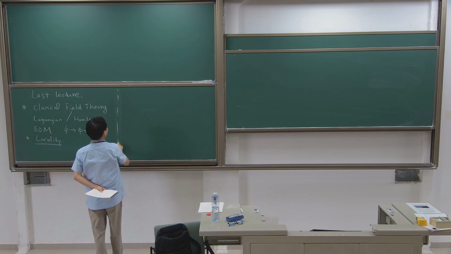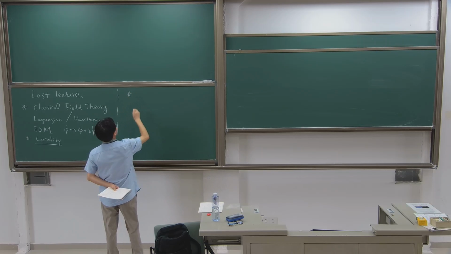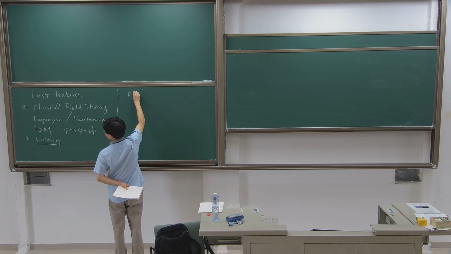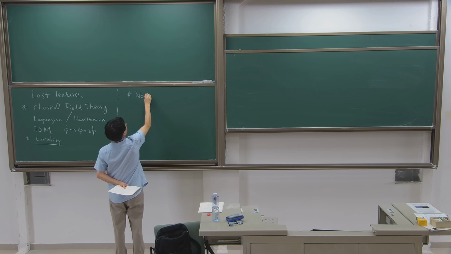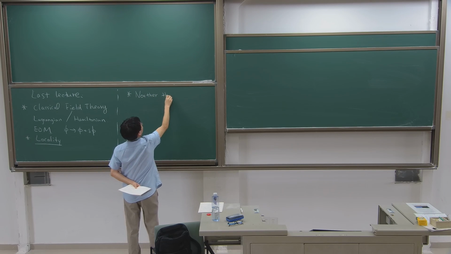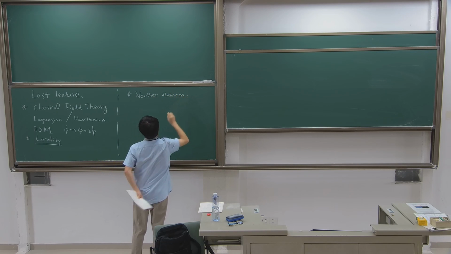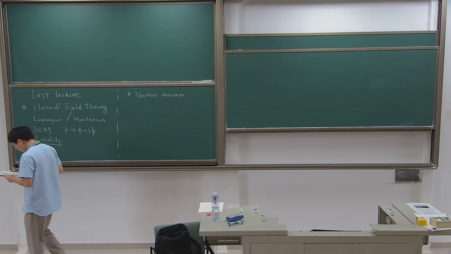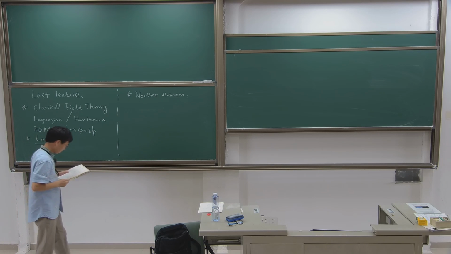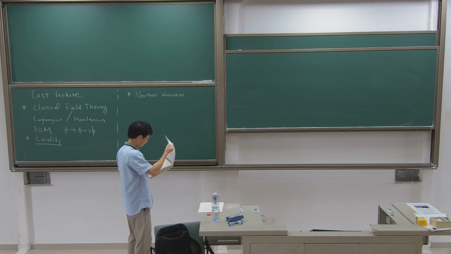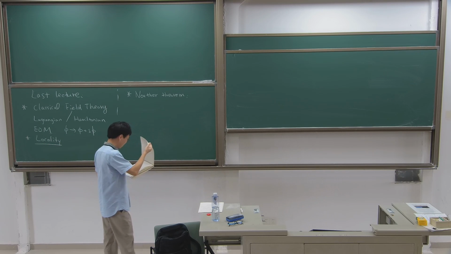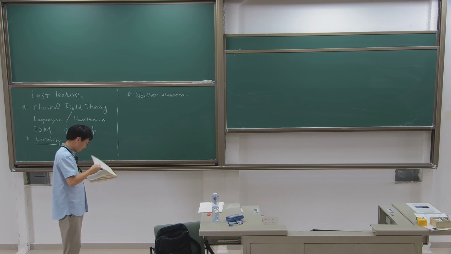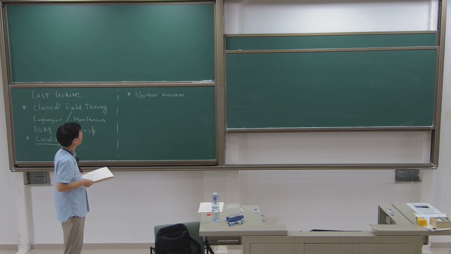In the last part, we mainly focused on the symmetry properties of classical field theory. In particular, we discussed Noether's theorem, which says that for any given continuous symmetry of a theory, there exists a conserved current.